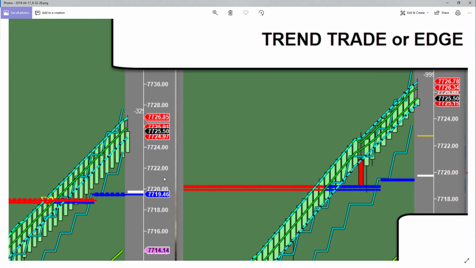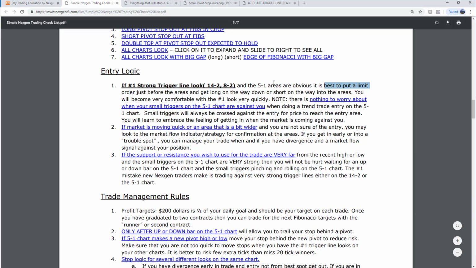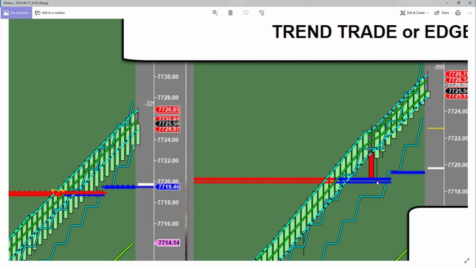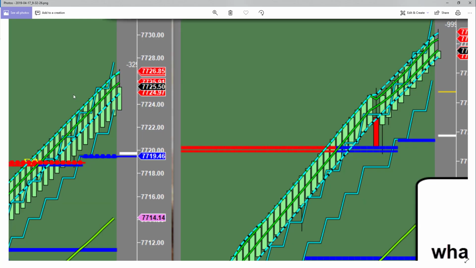So between the 14-2 chart going up strong with 4 triggers passed and the 8-2 chart triggers, doesn't the rule say if you have both charts going really, really strong, put a limit order at the area to get long or short? So when you look at this picture, wouldn't the right trade be put a limit order at the blue lines and hope it goes up? You see that? Based on all the triggers and fibs.